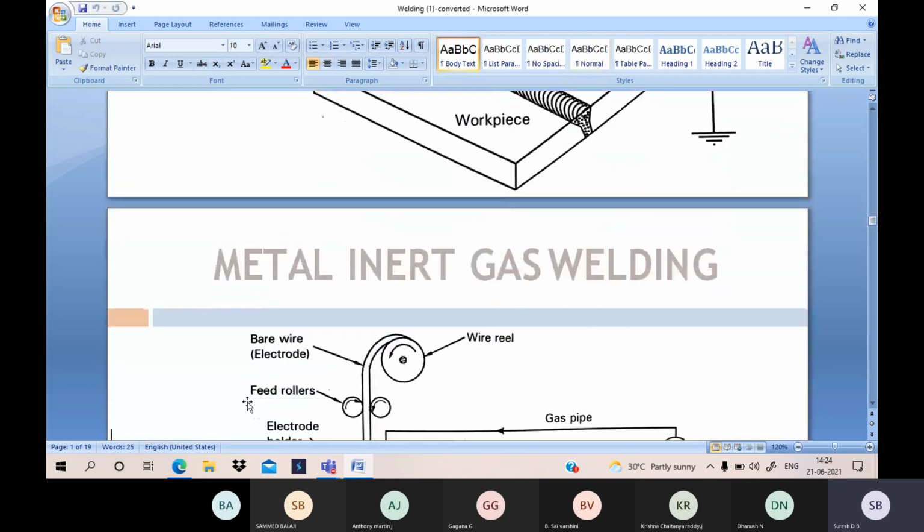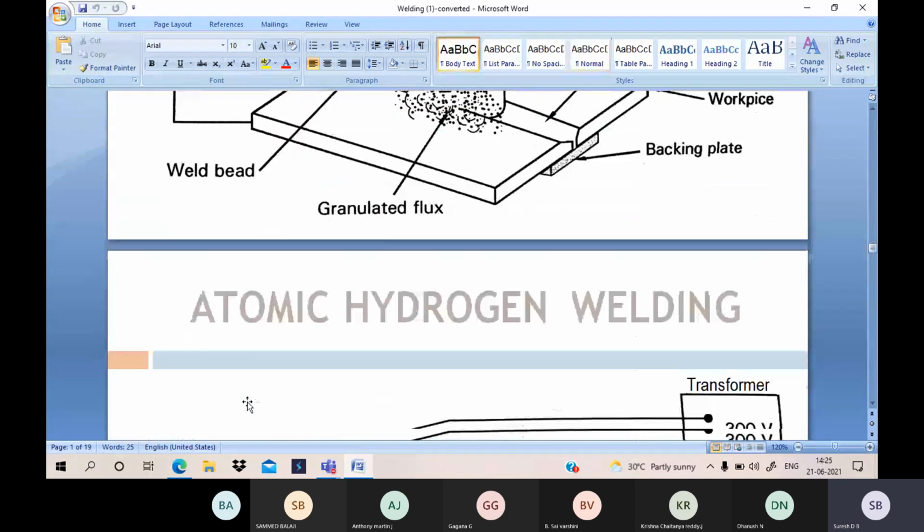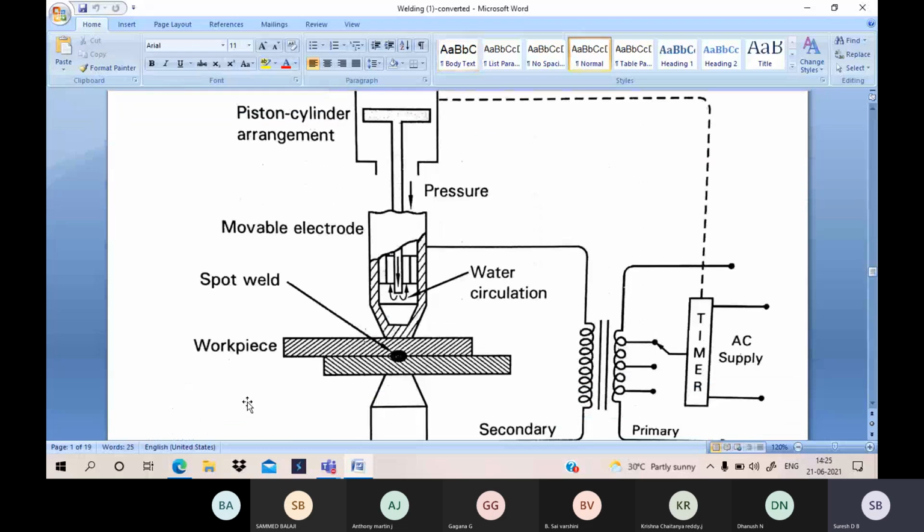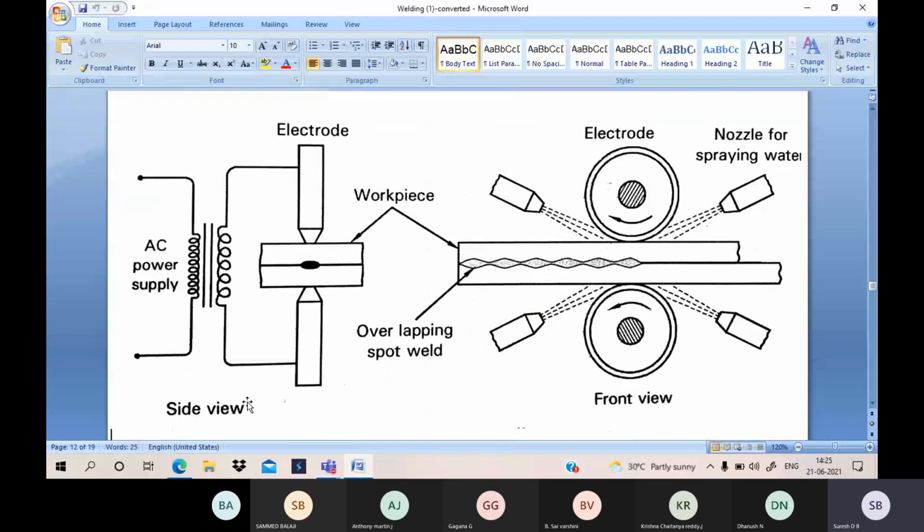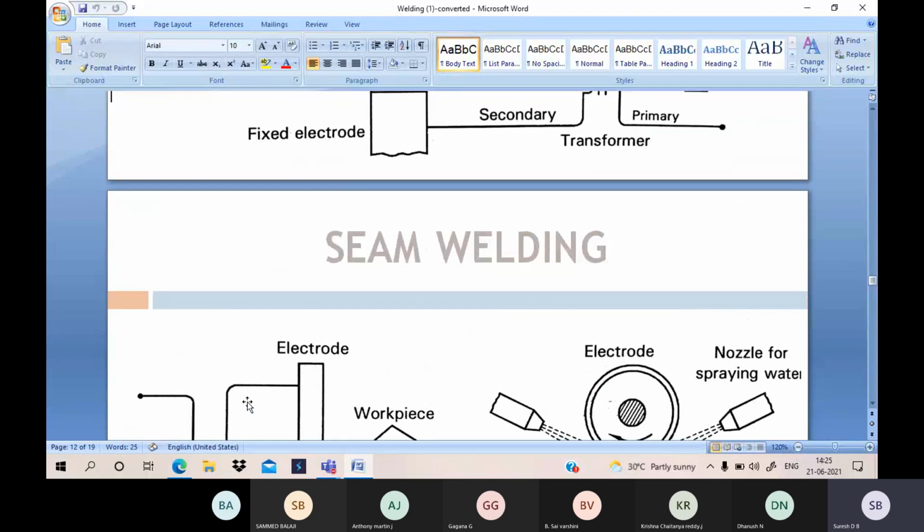Tungsten inert gas welding, MIG welding, submerged arc welding, atomic hydrogen welding, spot welding. Okay, spot welding. Here is spot welding.